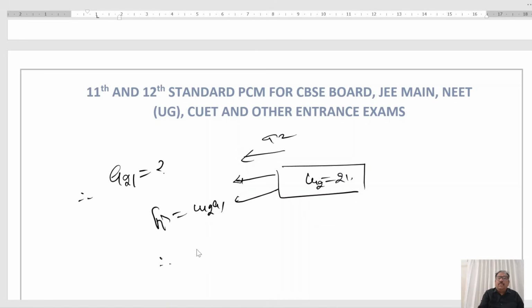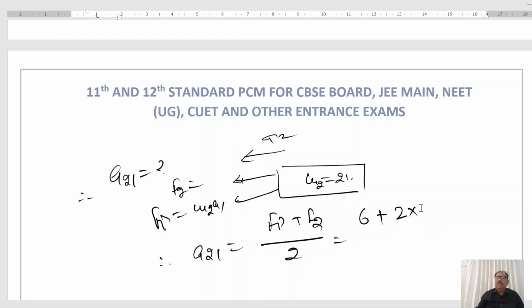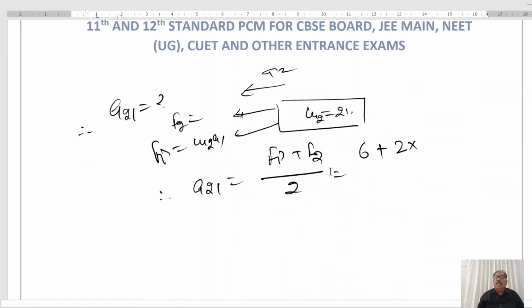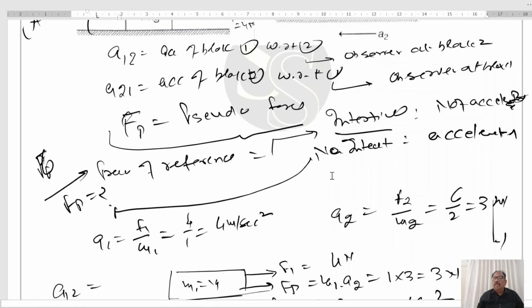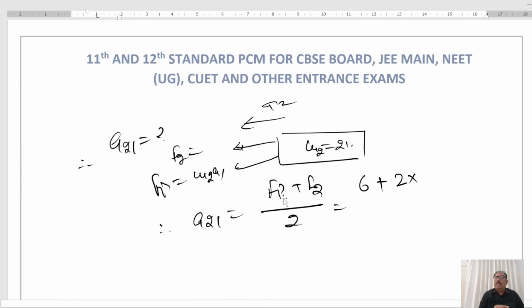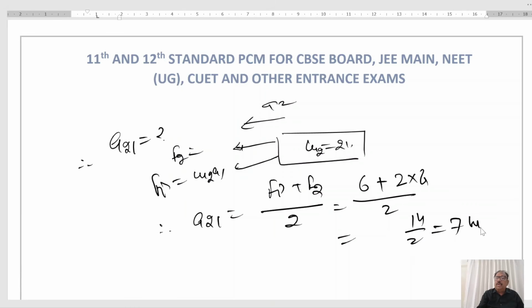Therefore, A21 will be equal to Fp plus F2 divided by M2. So F2 is given as 6 Newton plus M2, 2, into A1. A1 comes out to be 4. This comes out to be 14 divided by 2, that is 7 meter per second square.